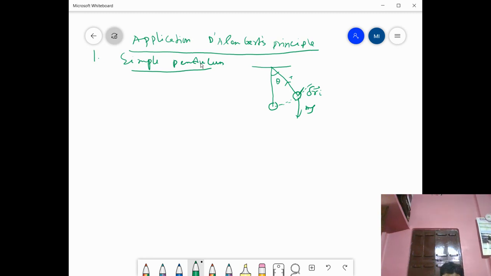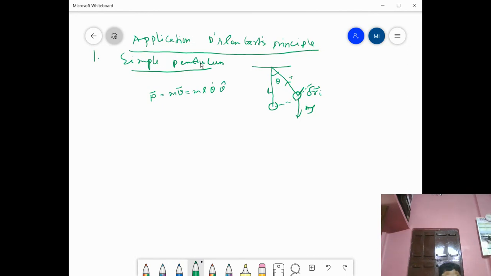Now if the length is L, then momentum P equals m times v, right? Now what will be the v? It will be mL theta dot into theta cap.